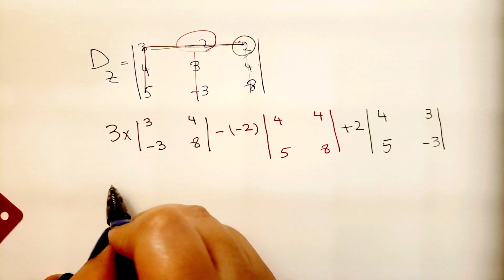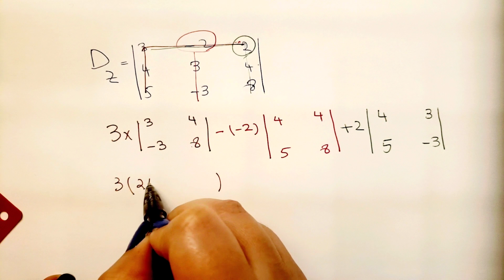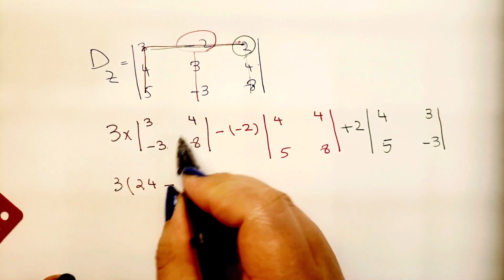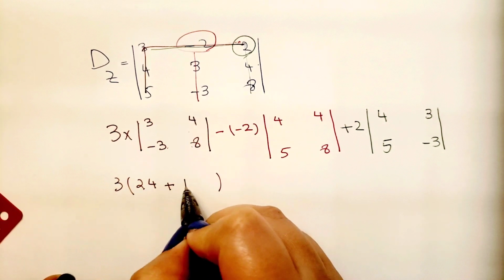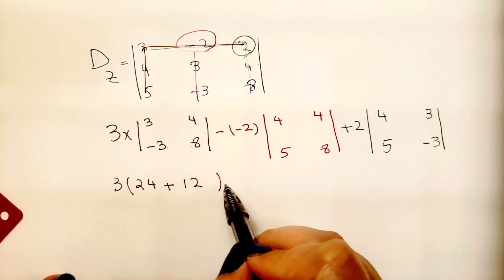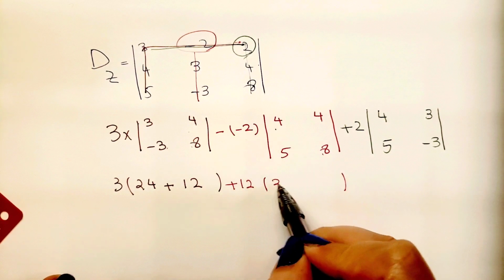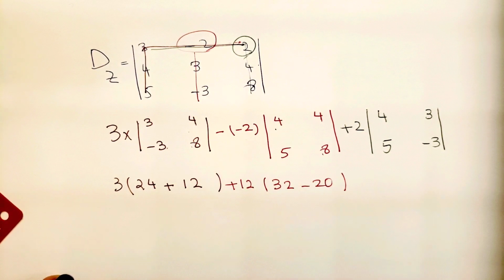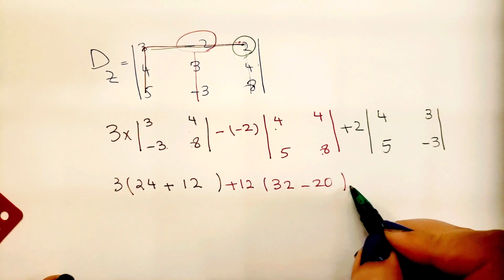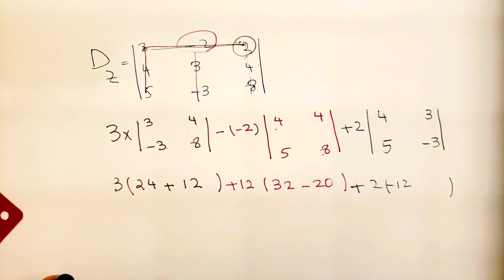Okay, so 3 times 24 minus, this is -12, turns into +12. Here, these two turn into +12. 4 times 8 is 32 minus 20. The second one, the third one actually, would turn into -12.